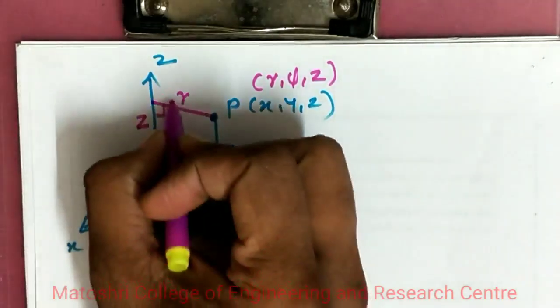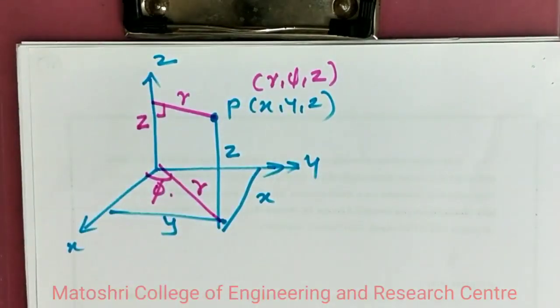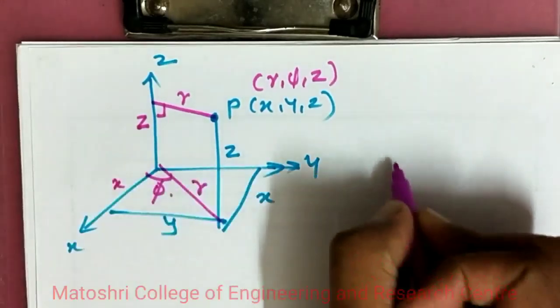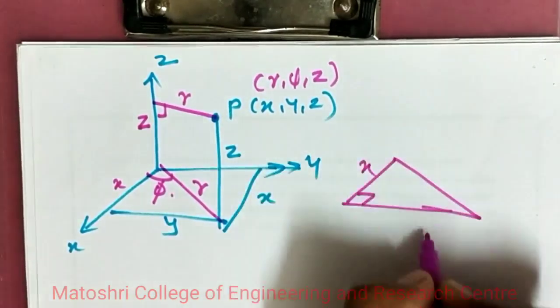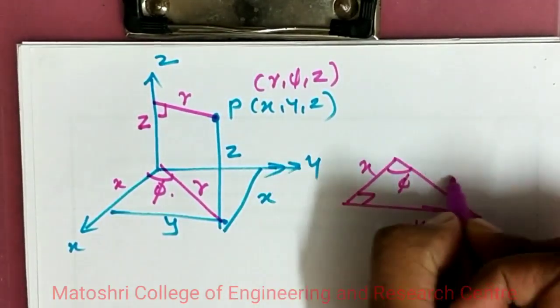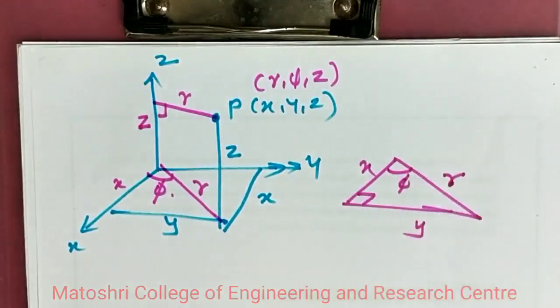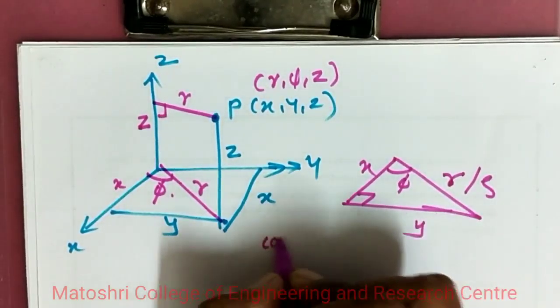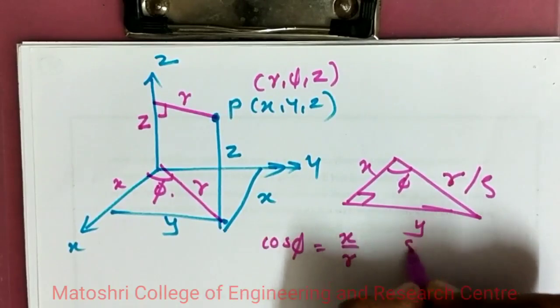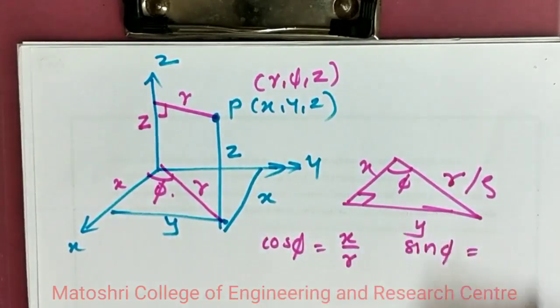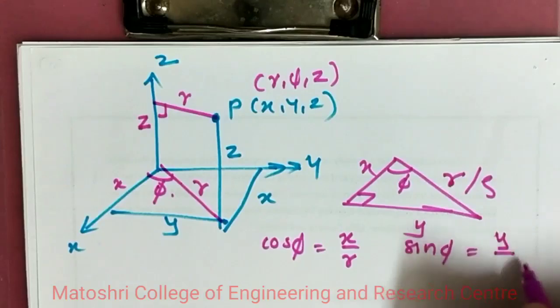Now, as this is the radius r, and this is again the radius r, this side is x and this side is y, so you get a right angle triangle whose two sides are x and y. This angle is phi, and this is the radius of the cylinder r, or rho. Using the right angle triangle, cos phi is the side length by the hypotenuse, and sin phi is the front side, that is y, divided by the hypotenuse, that is r.